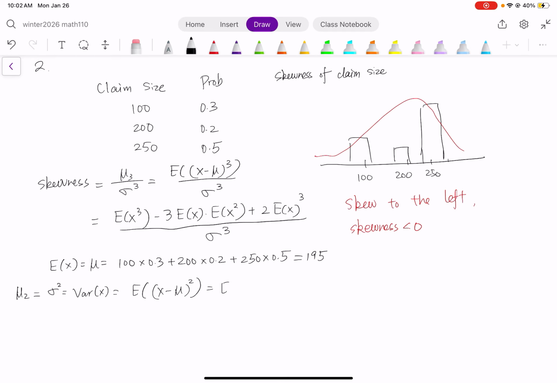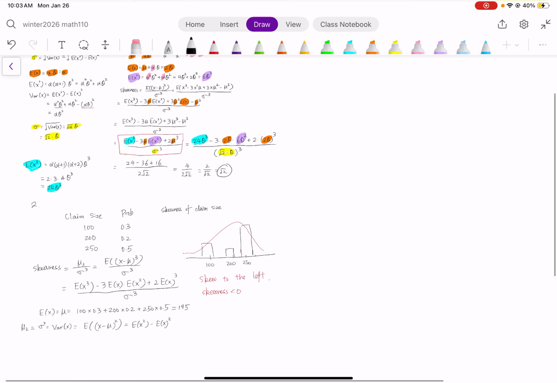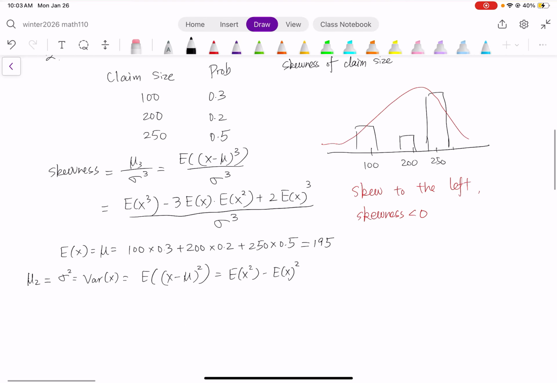However, we also know the formula: expected value of x squared minus the expected value of x, whole thing squared. We have multiple ways to process this. But now I want to apply this formula directly.